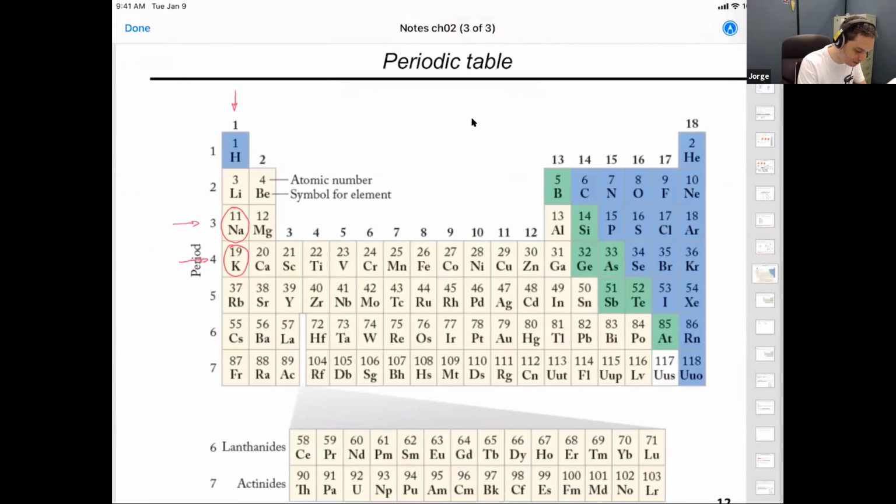Therefore, the number of the column is always going to be equal to the number of valence electrons. Okay? The number of the column is always going to be equal to the number of valence electrons. And the number of the row is always going to be equal to the number of shells.